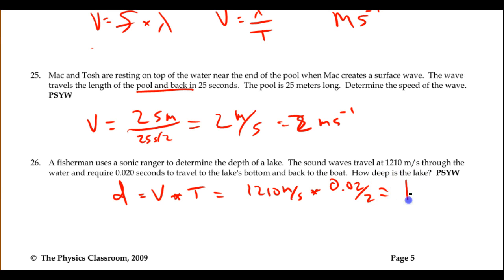Which is going to give us a depth of just about 12 meters in this particular location. Now, of course, the actual speed of sound changes based on temperature and other effects. So this may or may not be accurate, but at least gives us some idea of how deep the lake is.